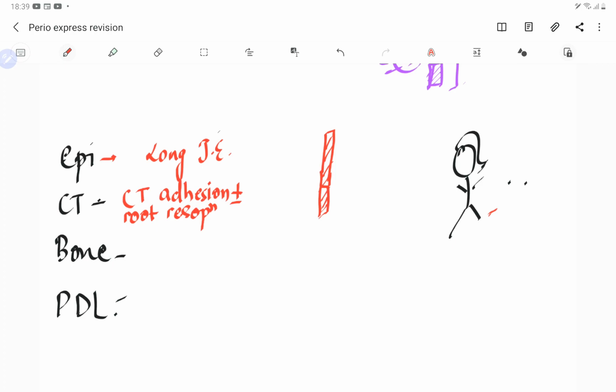So guys, if this particular guy engages with this girl, either there is going to be ankylosis, but there can be a resorption also. So both of them are not good for this girl. So we have to protect this girl, we have to stop this guy as well.